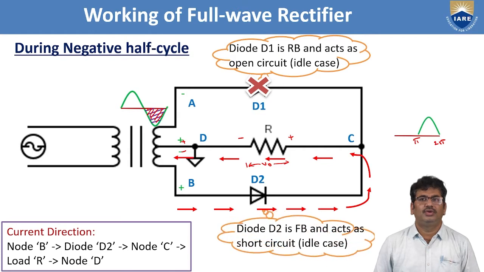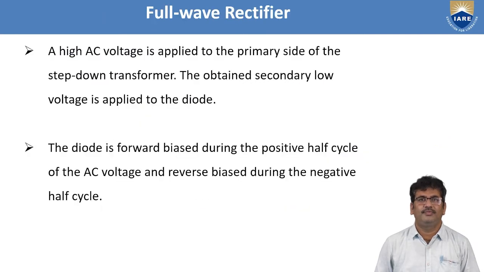Note D2 is forward bias, D1 is reverse bias. Ideally, diode D1, as it is forward bias, is short circuit, whereas D2 is reverse bias and will be open circuit. So at a glance, we can describe the full wave rectifier as follows: a high AC voltage is applied to the primary side of the step down transformer.